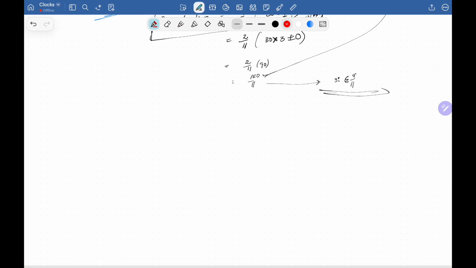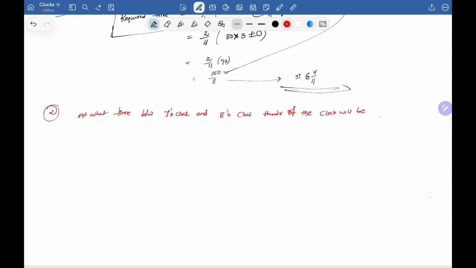So the second question is: at what time between 7 o'clock and 8 o'clock will the hands of the clock be together?